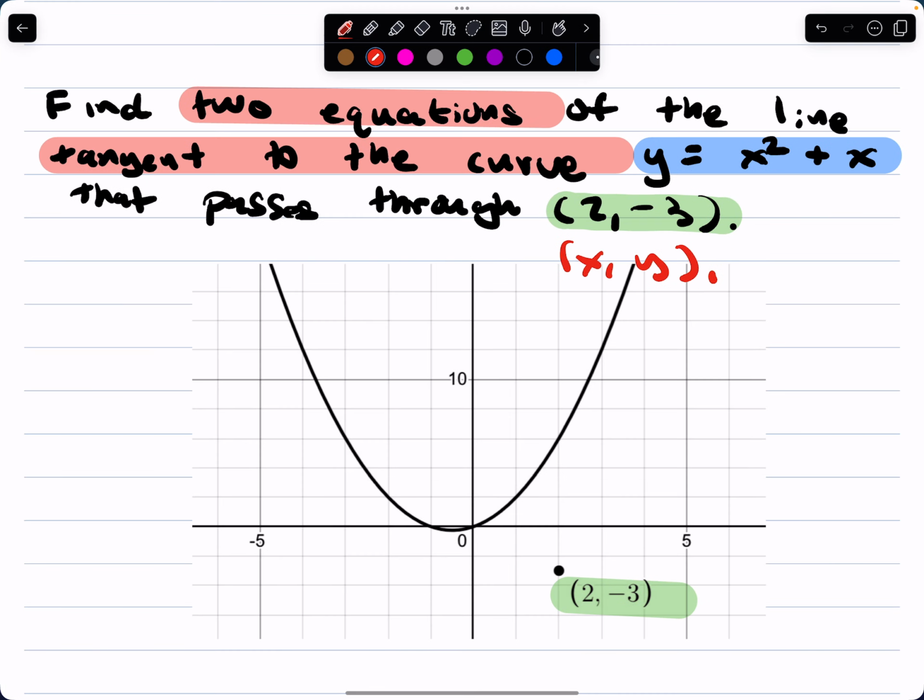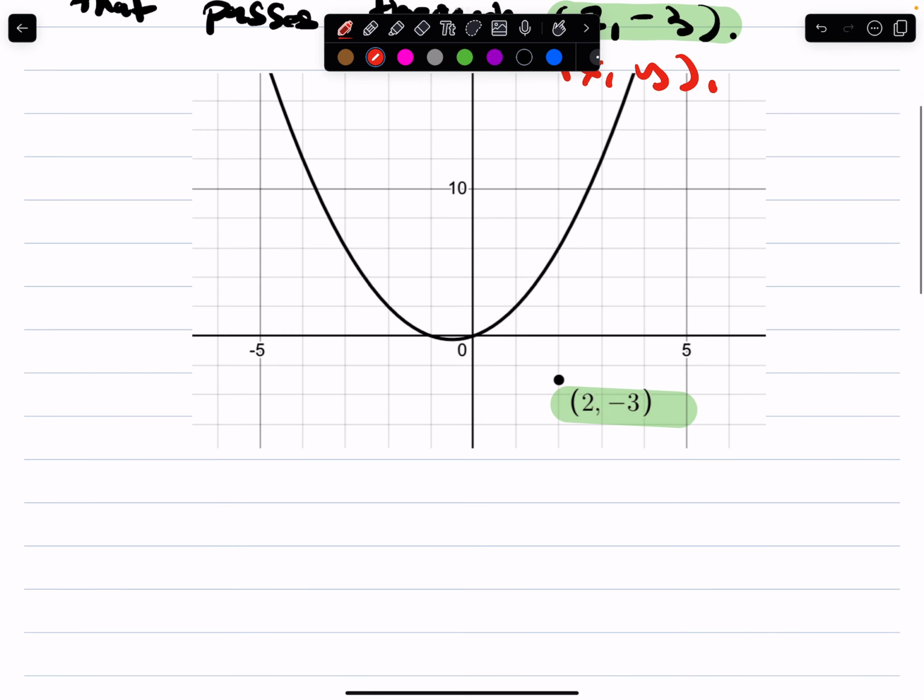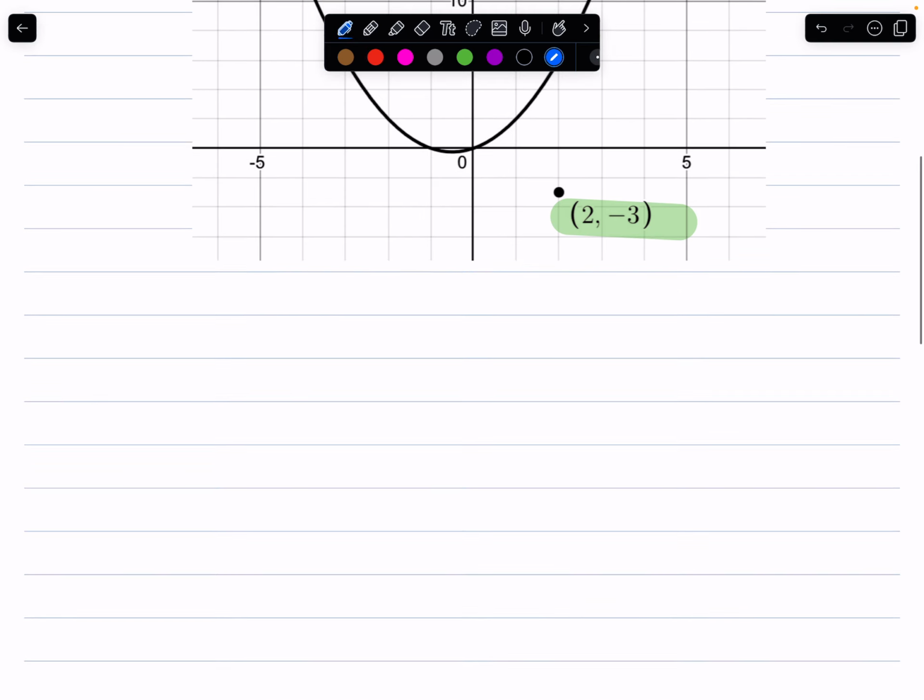So let's take a look at the calculus and the algebra. How did we get those lines? Now, generally speaking, when you find that tangent line, this is the point slope form that we're going to be looking at. So the x-coordinate and the y-coordinate of that one and only point is given to us.